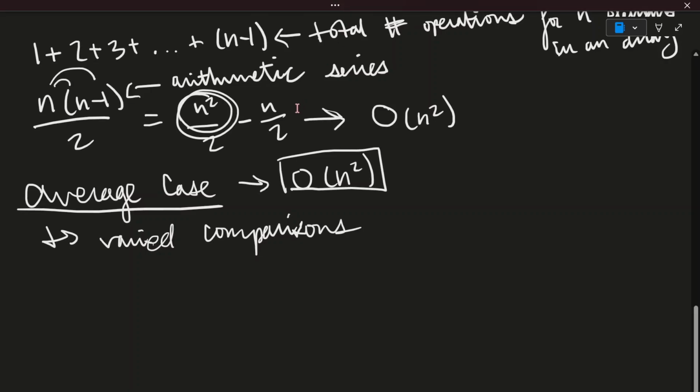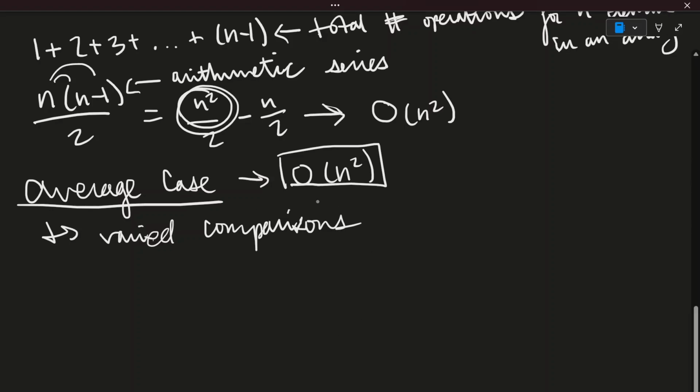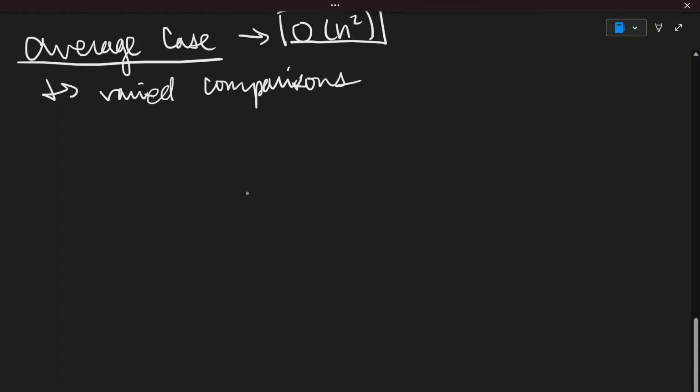But the math works out so that n squared is still the dominant term, so the time complexity is still big O of n squared.